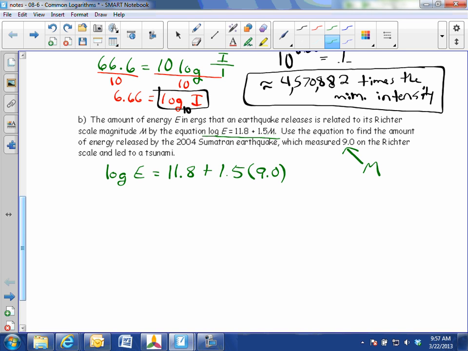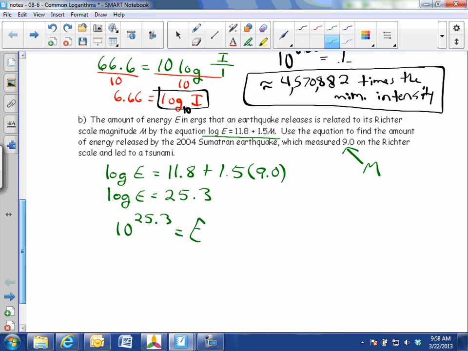Alright, so we just simplify on the right, multiply, and then add. What is it equal to? Alright, now what are we going to do? Understood 10 to the power equals E.